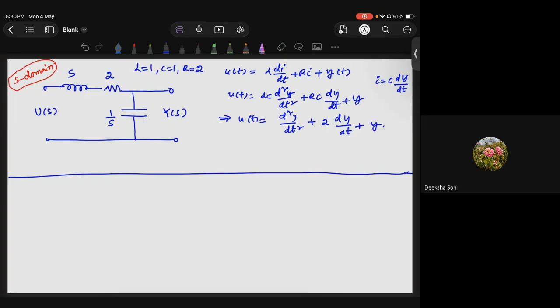Now this is a second order differential equation with constant coefficients, correct? Yes, sir.